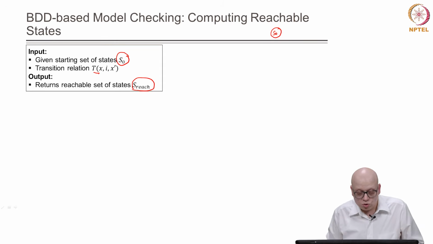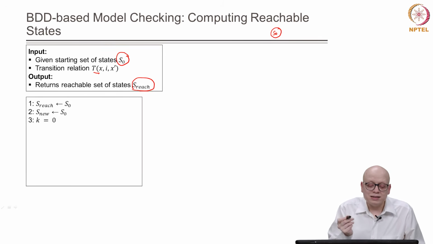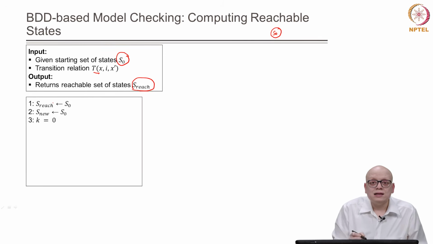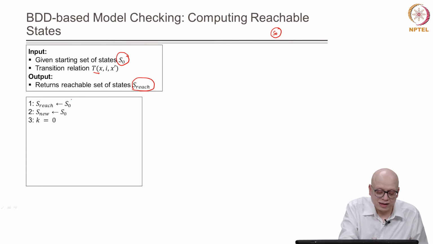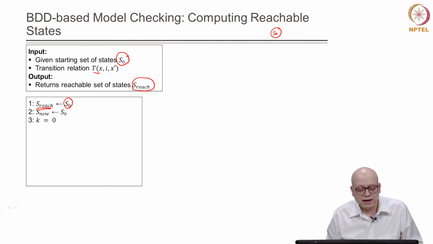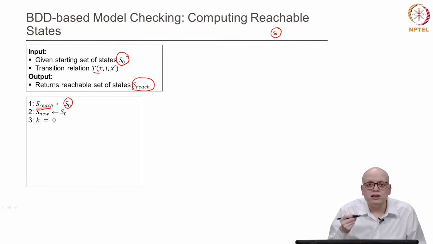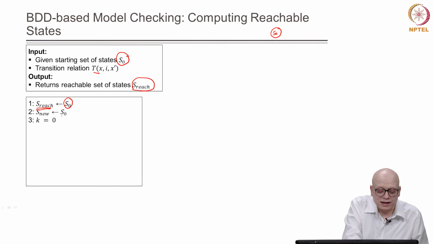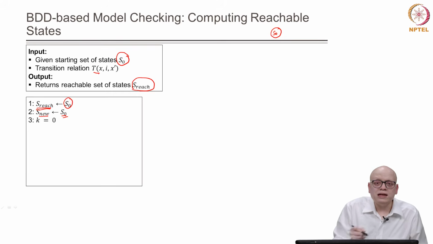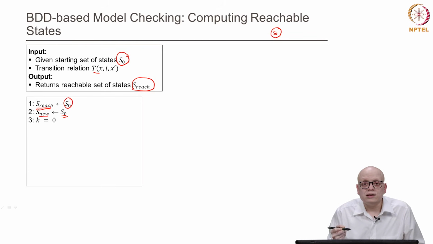Initially, all the states that we start with, S0, are reachable from themselves. So, S reach is initially assigned S0, and the new set of states being reached, S new, is also S0 initially. We keep a counter k to see how the iteration progresses and how the set of states is expanded.